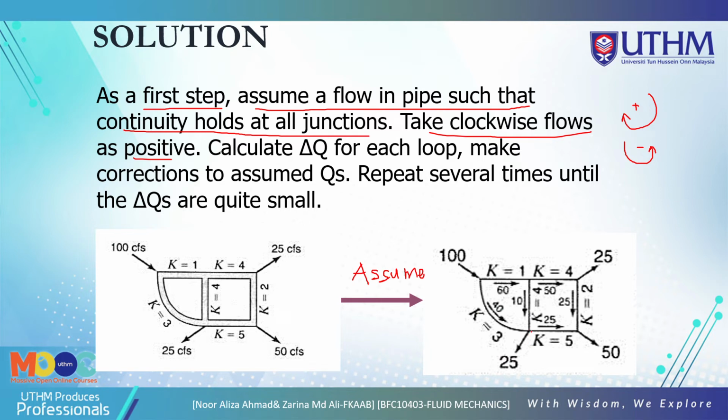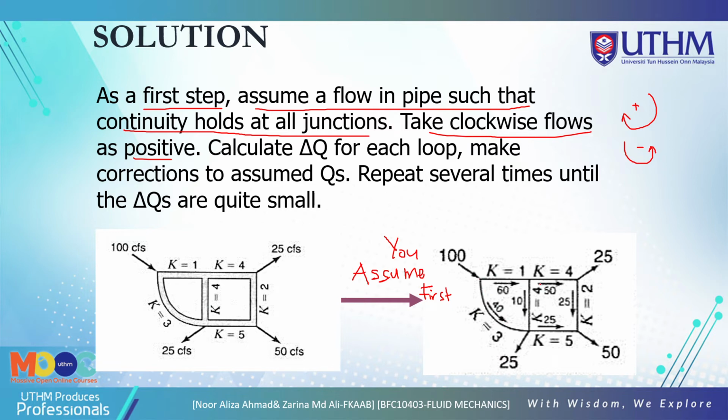So this is inlet 25 and inlet 25, giving 50 here. This is the correct first assumption: you first assume the direction of flow, so the inlet splits into 60 and 40.